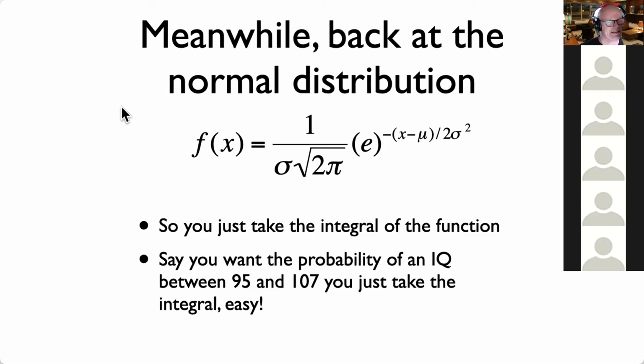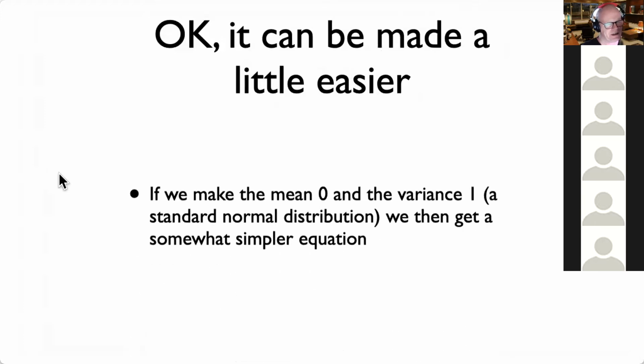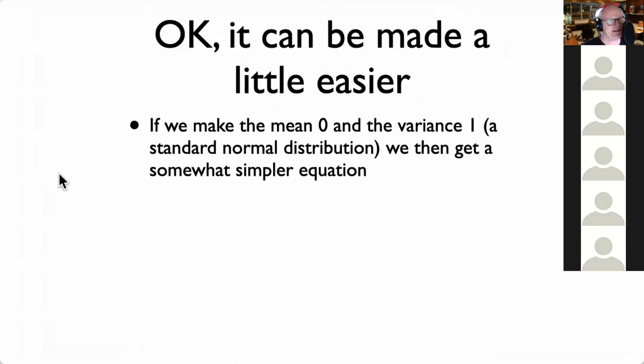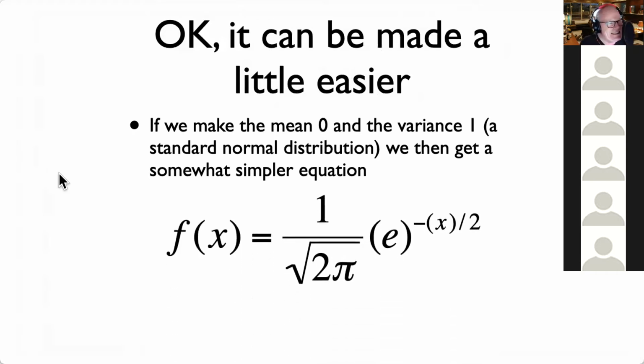Anyway, beside the point, this is not an easy thing to do, but assuming one could, you would take the integral and then get 95 to 107. This can actually be made a little bit easier. If we make the mean 0 and the variance 1, like a standard normal distribution, a Z distribution, we get a somewhat simpler equation, and we get something that it's easier to take the integral of. That's easier.